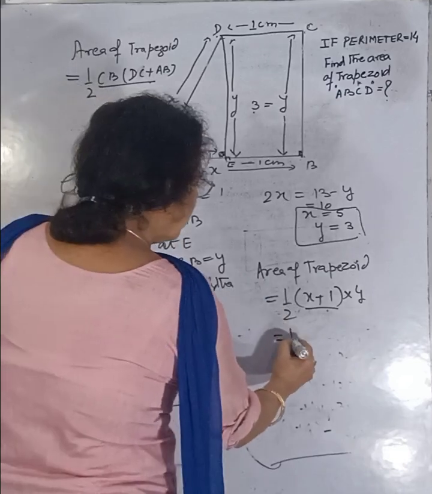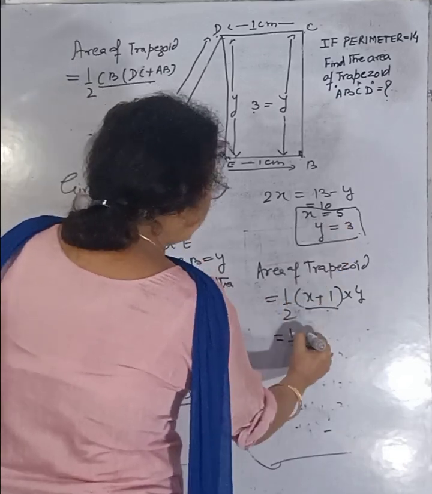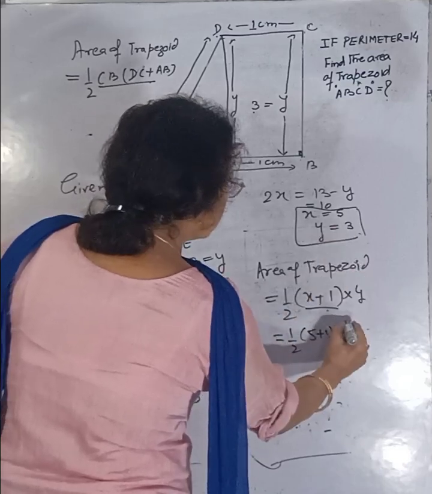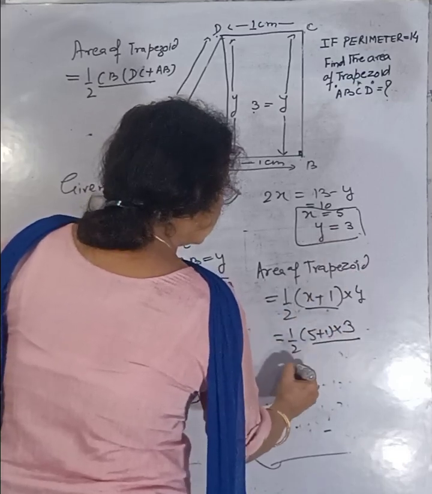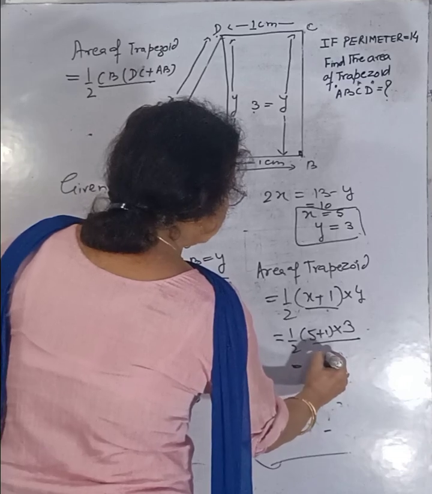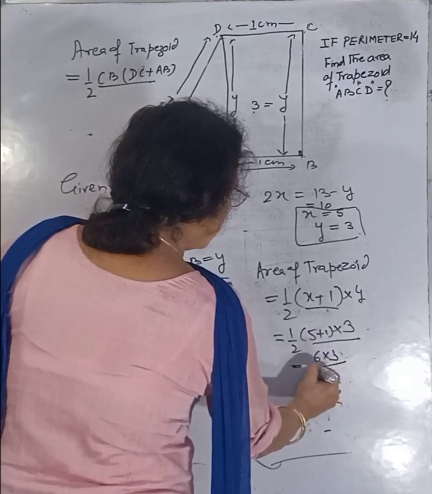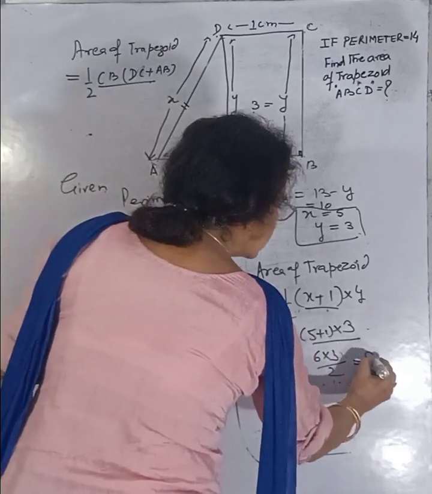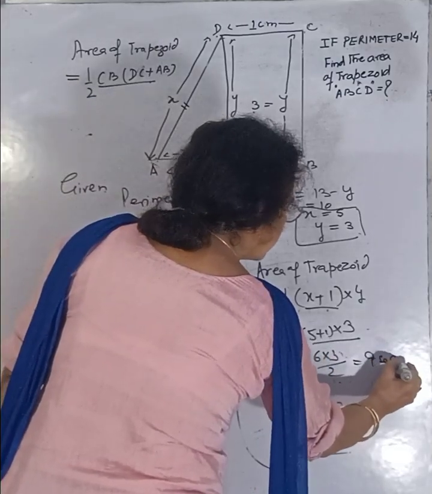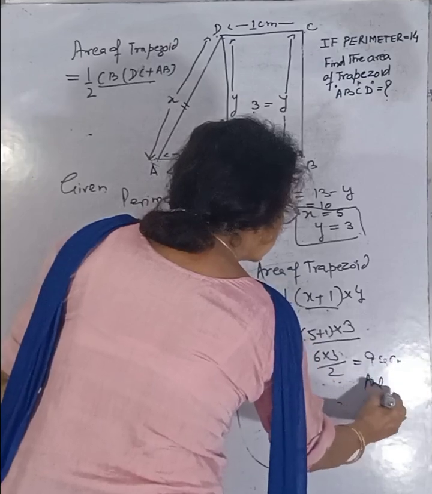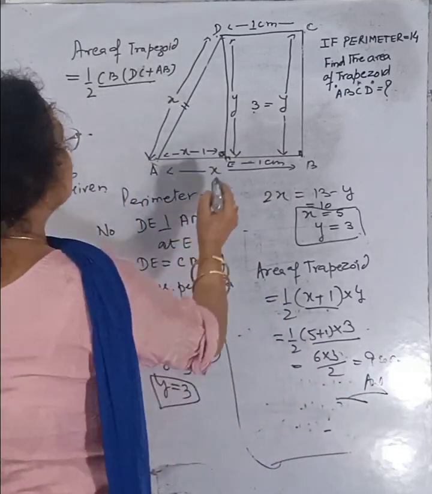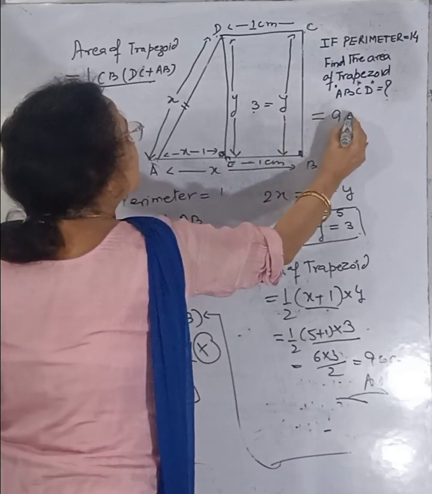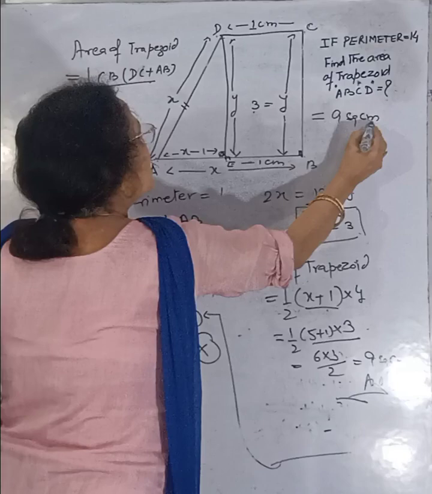This will be 1 by 2 into (5 plus 1), which is 6, into y, which is 3. That is 6 into 3 upon 2, which is 9 square centimeters. This is the answer. The area of the trapezoid will be equal to 9 square centimeters.